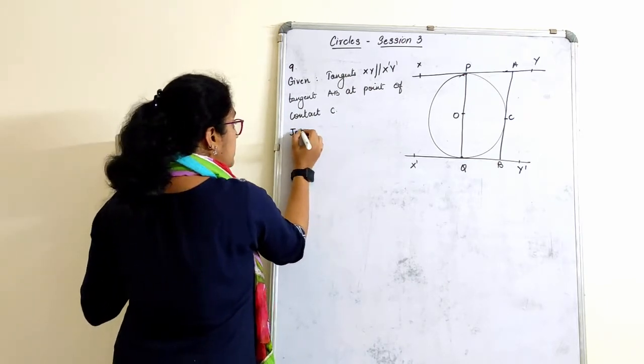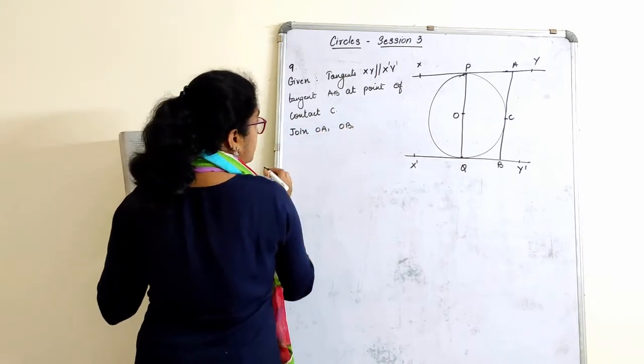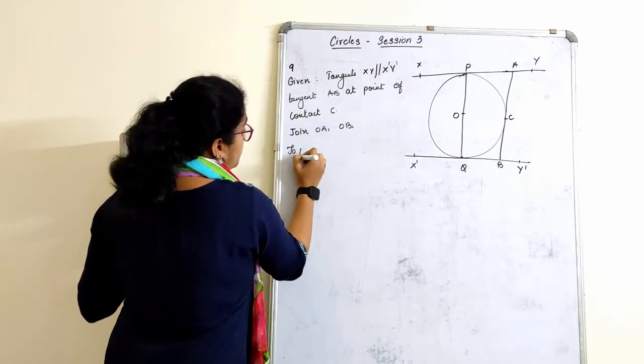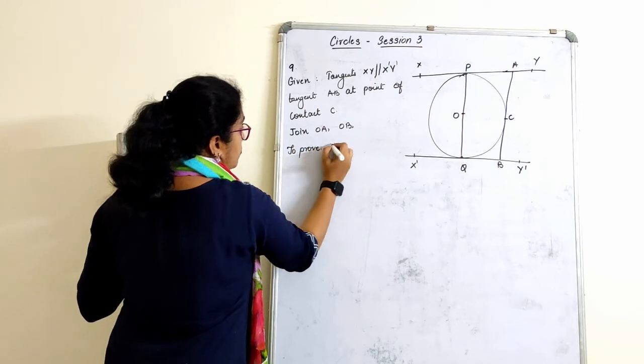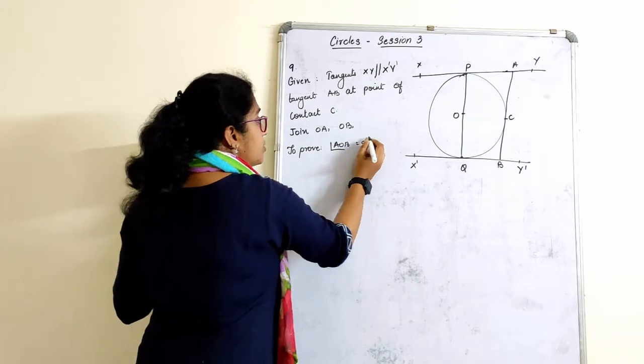So we have to say in the given, join OA and OB. That's all. To prove: angle AOB is equal to 90.